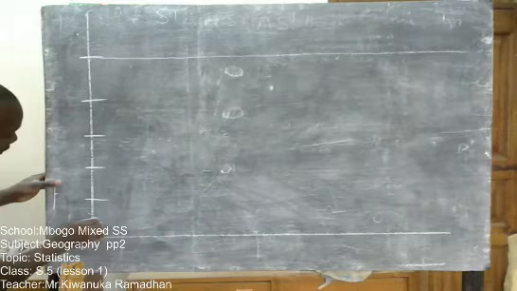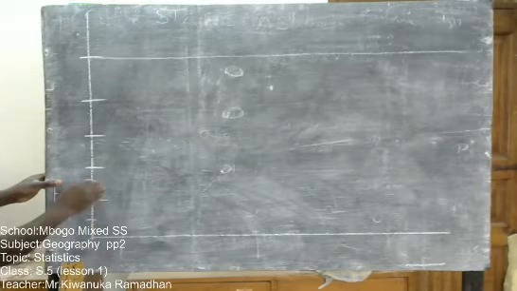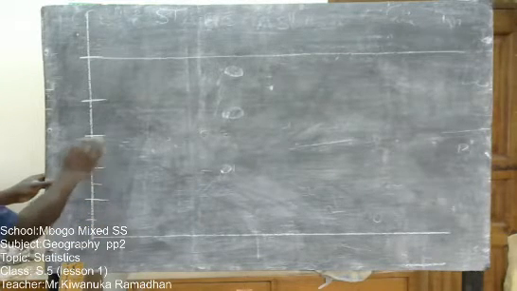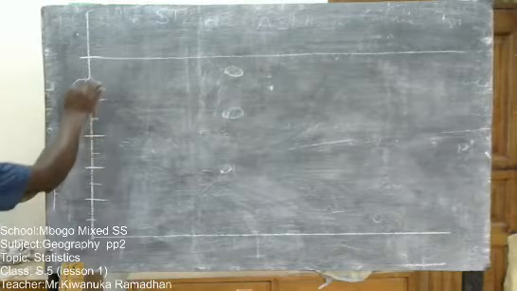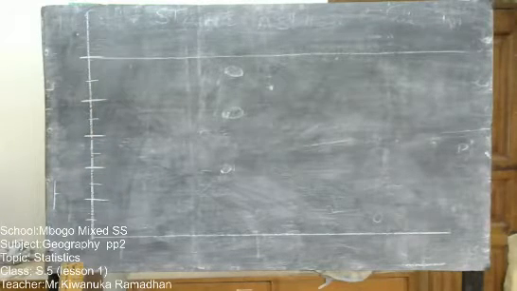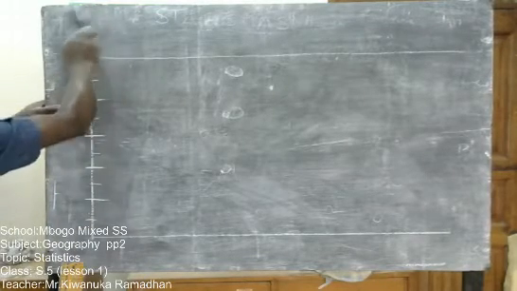So this is 1, 2, 3, 4, 5, 6, 7, 8, 9, and 10.